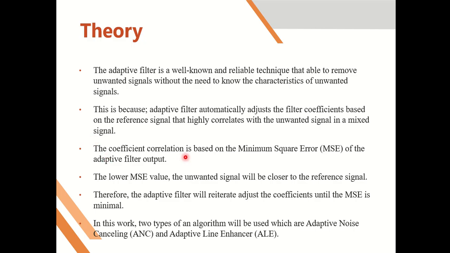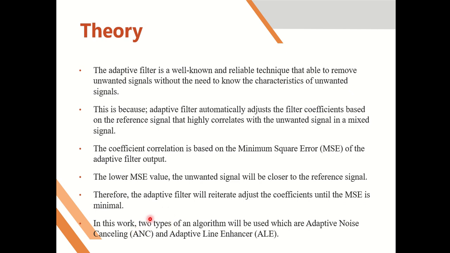So the coefficient correlation is based on the minimum mean square error algorithm of the adaptive filter output. Basically the lower the MSE value, the closer the unwanted signal will be to the reference signal. Hence, based on this reference signal, the adaptive filter will iteratively adjust the filter coefficient until the MSE is minimal.